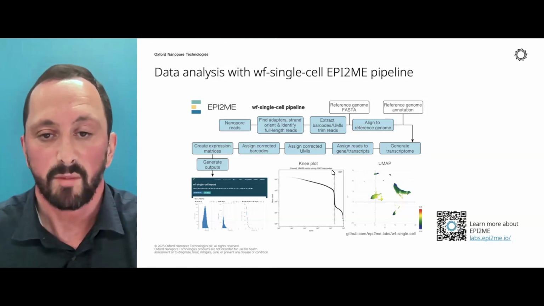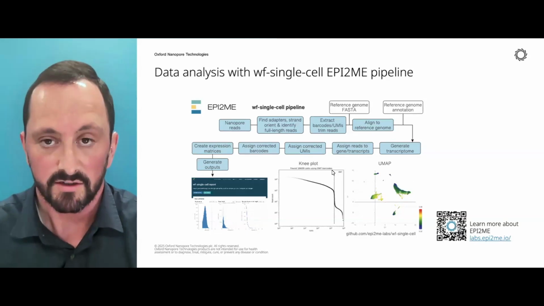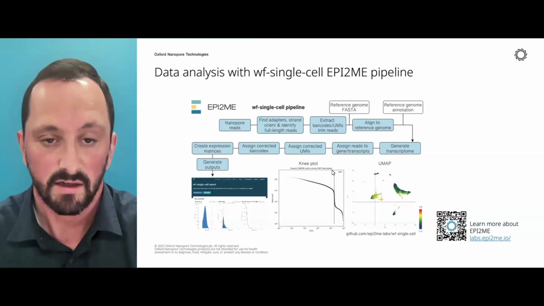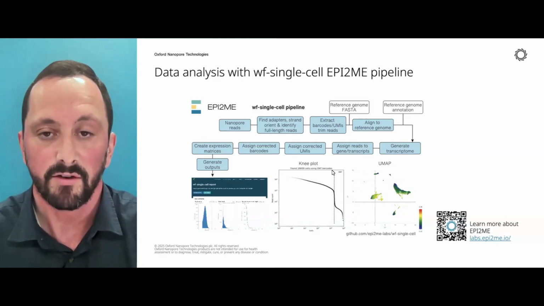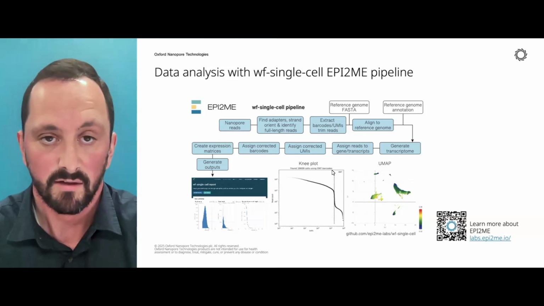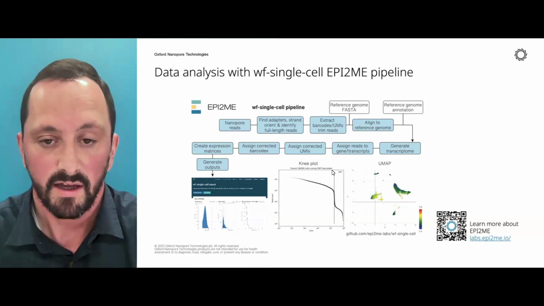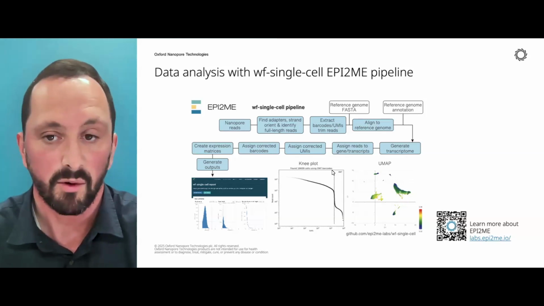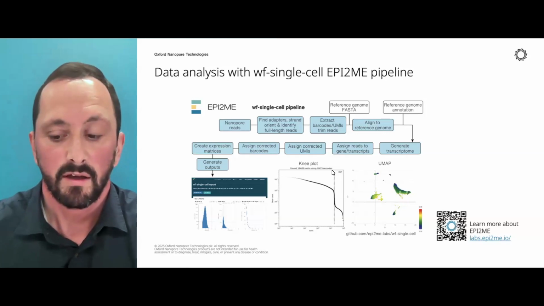So it's doing barcode and UMI extraction. It's aligning to the reference transcriptome, and then it's correcting barcodes and UMIs and generating your outputs. So if you're familiar with Cell Ranger from 10x, this is similar. It works on Nanopore data, and it provides similar QC reports and UMAPs to look at your single cell clustering.